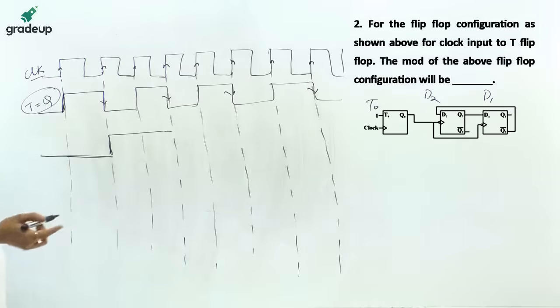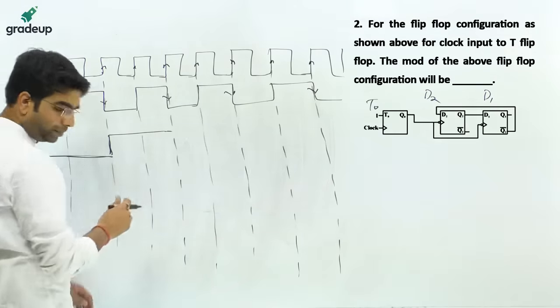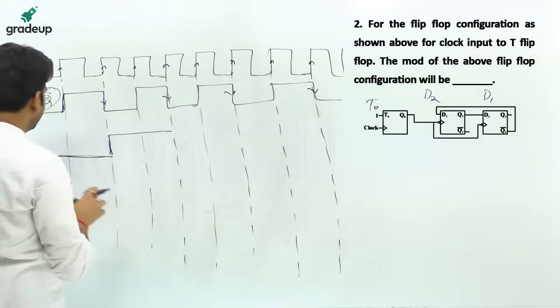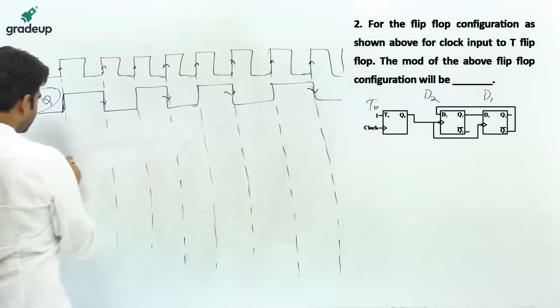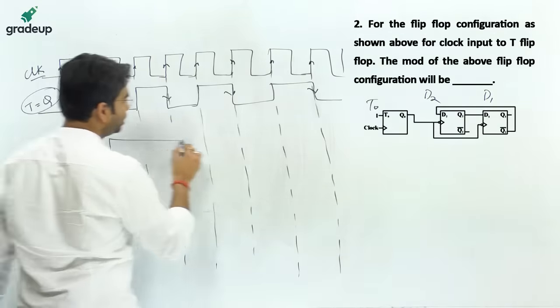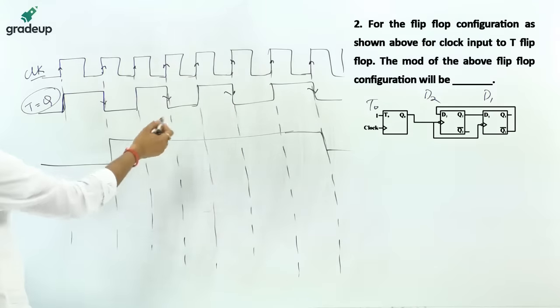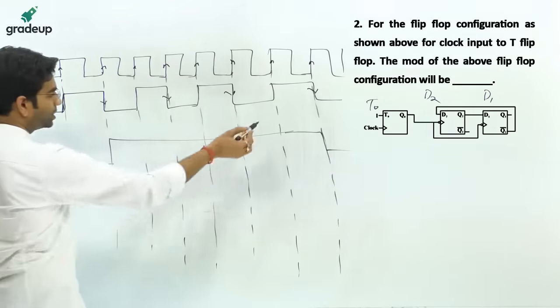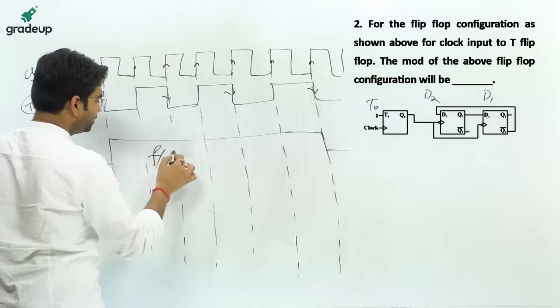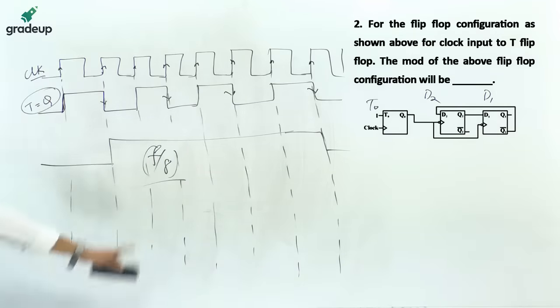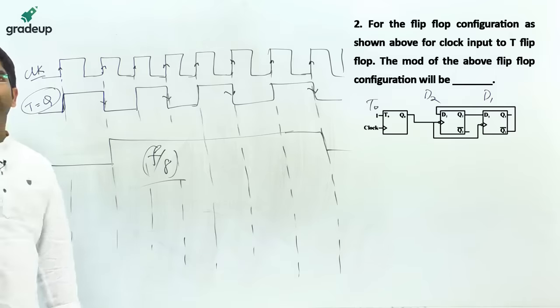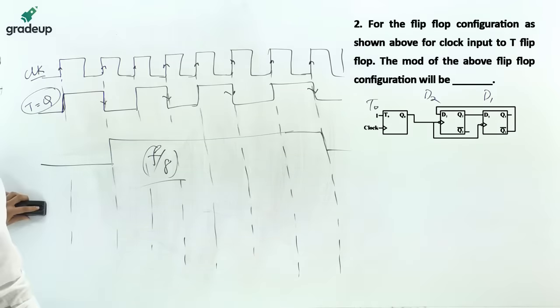Since the number of stages is 4, it will be down for 4. So the total mod you count is that the frequency will be F by 8, so the mod will be 8. Go from this logic.